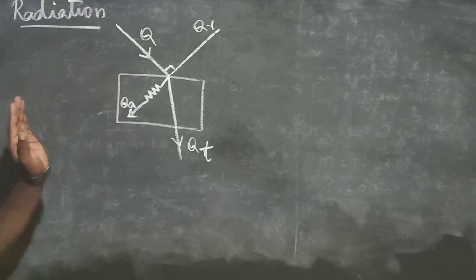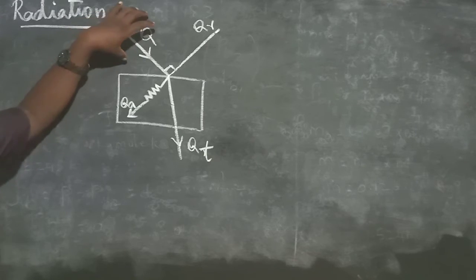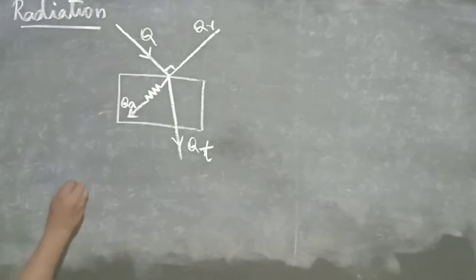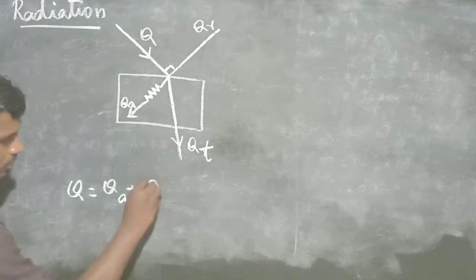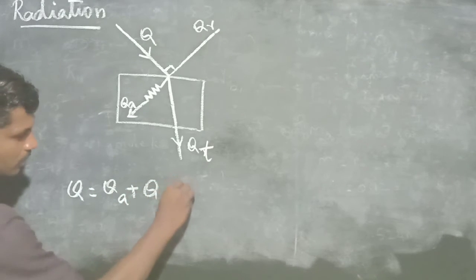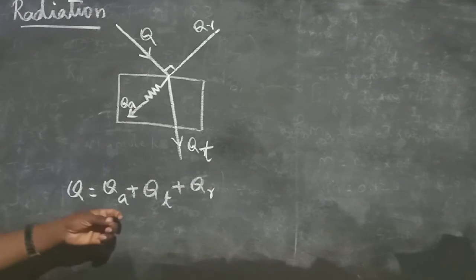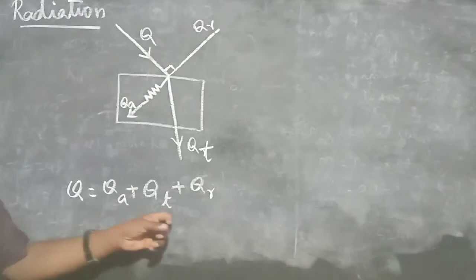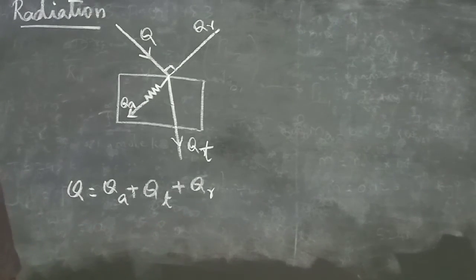How will you get the incident energy? The supplied energy Q is equal to QA plus QT plus QR, giving absorptivity, transmissivity, and reflectivity.